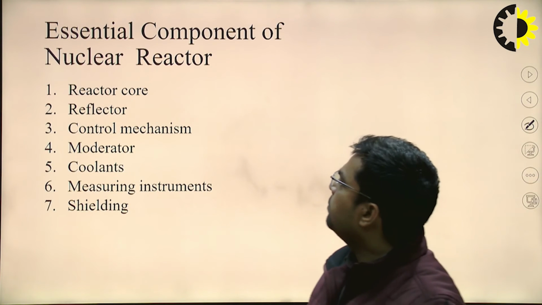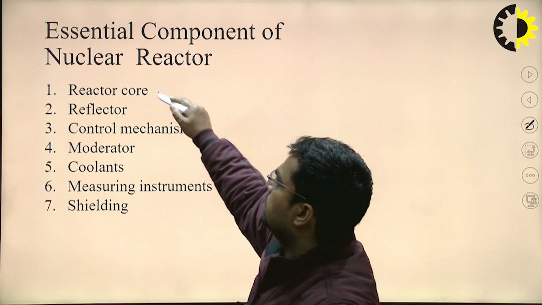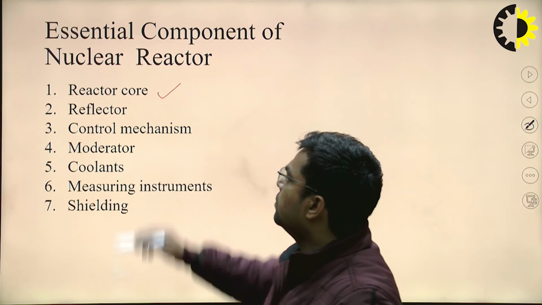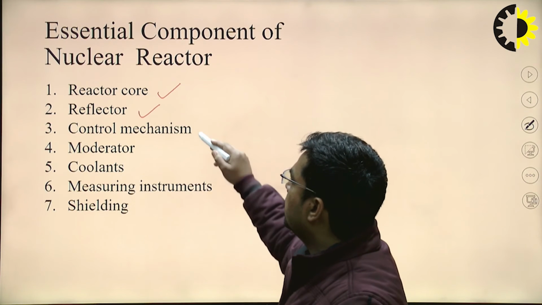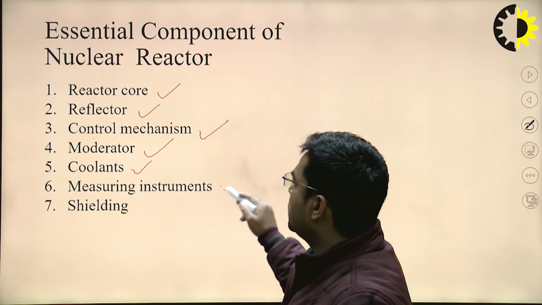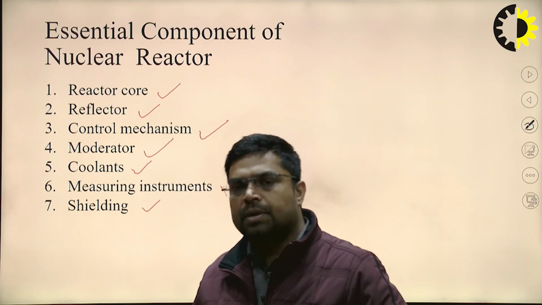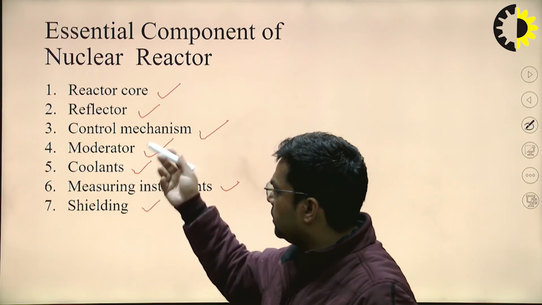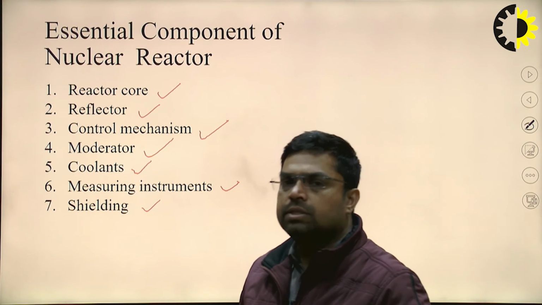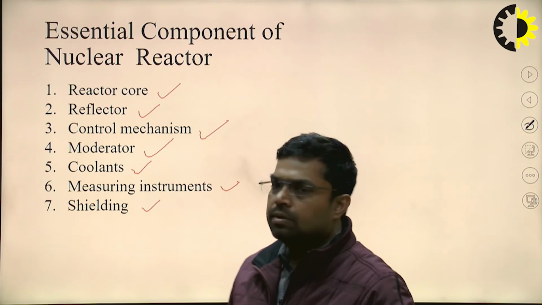So these are the basic essential components of a nuclear reactor: reactor core, reflector, control mechanism, moderator, coolant, measuring instruments and the shielding. There are many more instruments, but these seven are the very essential components of the nuclear reactor.